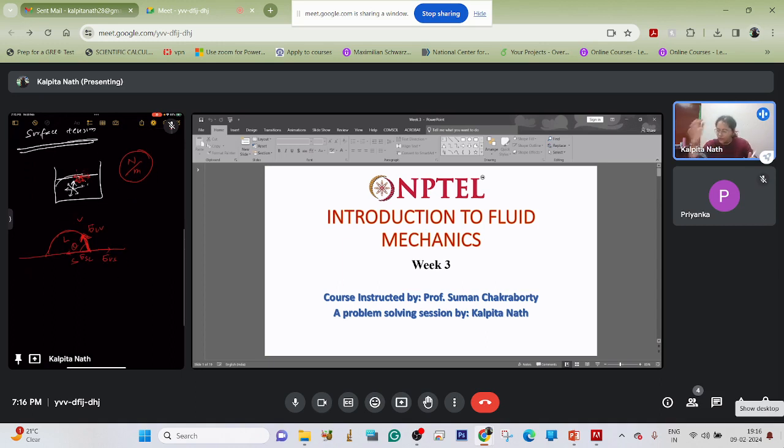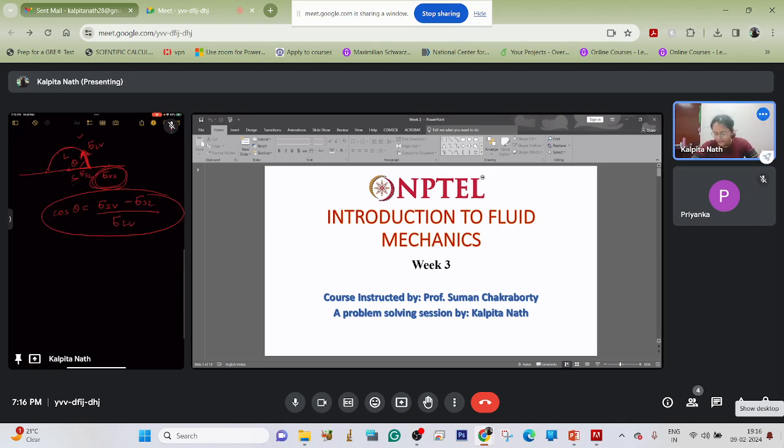He also derived cos theta by doing the force balance: this plus this cos theta is equal to this. So cos theta is equal to sigma SV minus sigma SL, divided by sigma LV. This will give the contact angle.